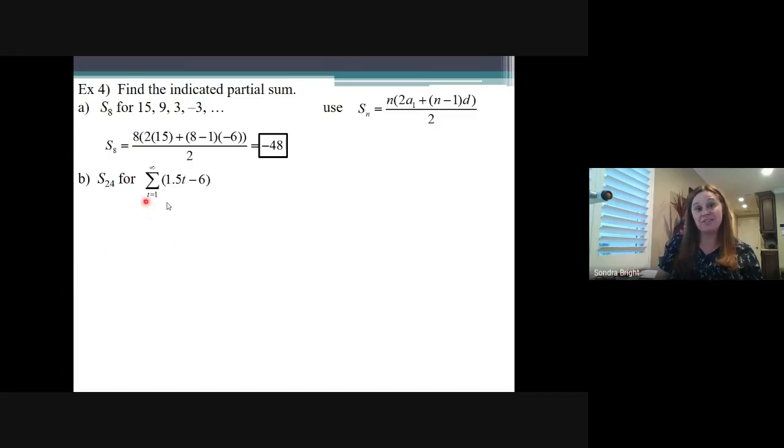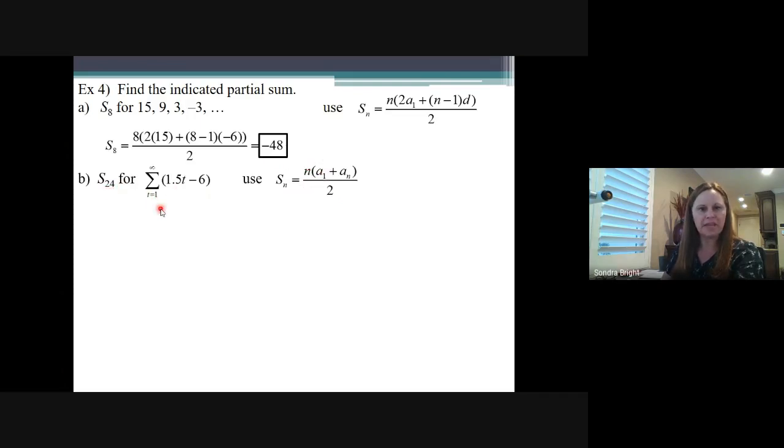All right, when they give it to you this way, they want you to find the 24th partial sum for this sigma notation. Well, when they give you the formula, you don't need to use this guy because you can just plug in 24 into t to find the 24th term, and plug a 1 into t to find the first term. You just use the first formula. N is 24.